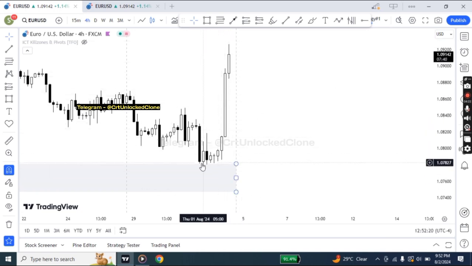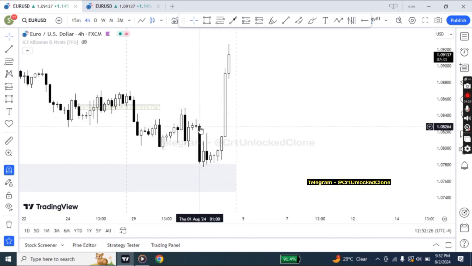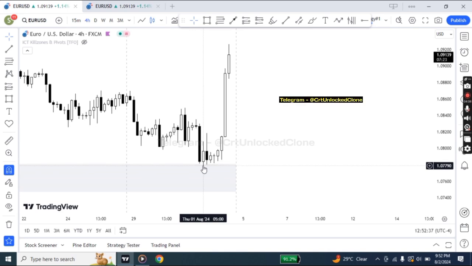But obviously we have to first position ourselves in a CRT, and only then we're gonna take an entry. And another thing is that price tests this key level during Thursday. So based on that, we can expect a Thursday reversal weekly profile here. So we've added another factor which can assist us in our analysis.